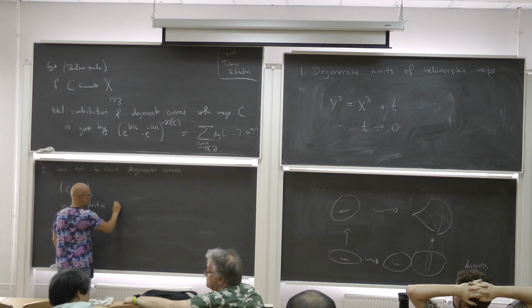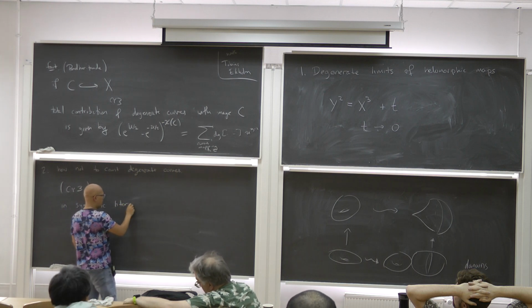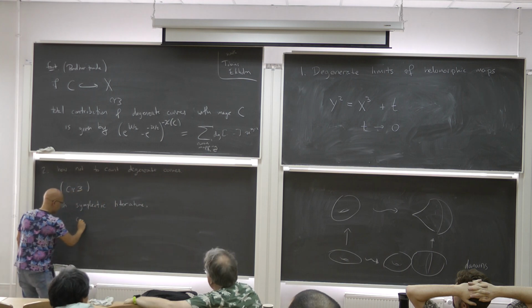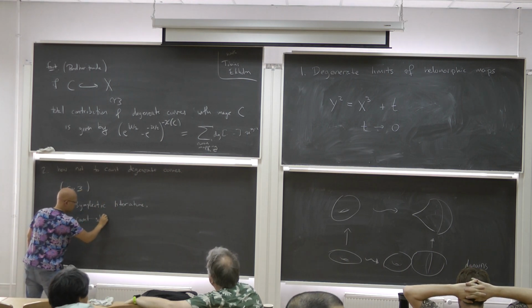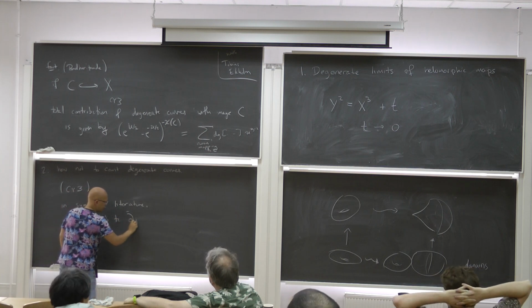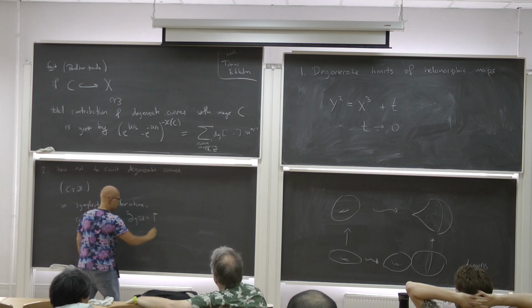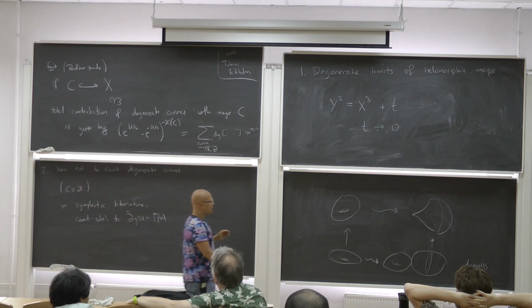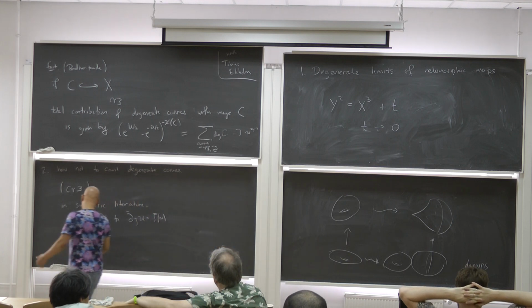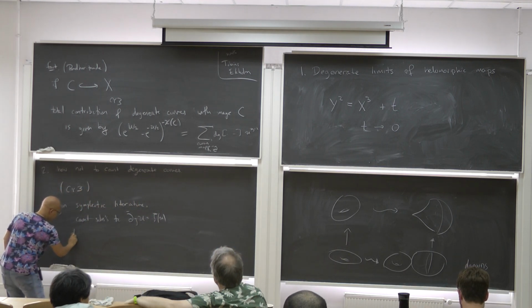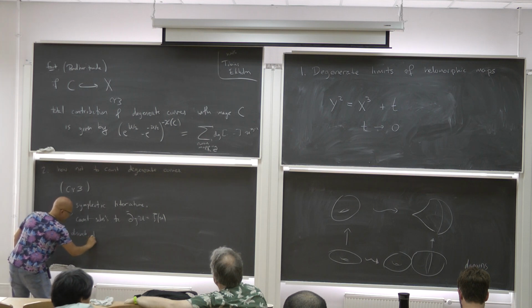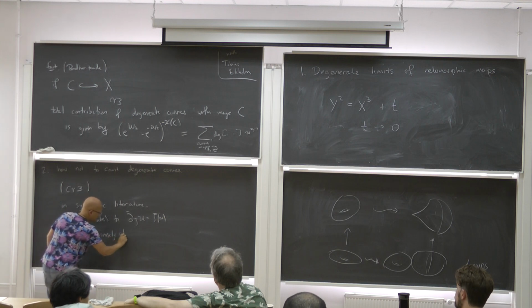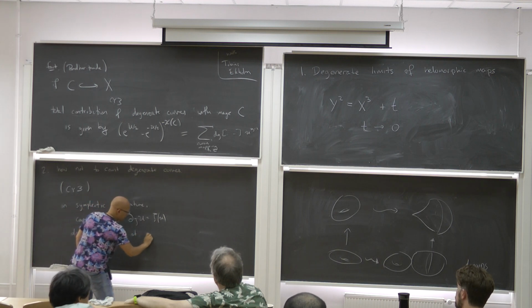For example, in the Ruan-Tian literature, you count solutions to the perturbed equation, \bar{\partial}_J u = \nu(C). And these solutions in Calabi-Yau 3 geometry are just discrete, transversely cut out embedded curves.